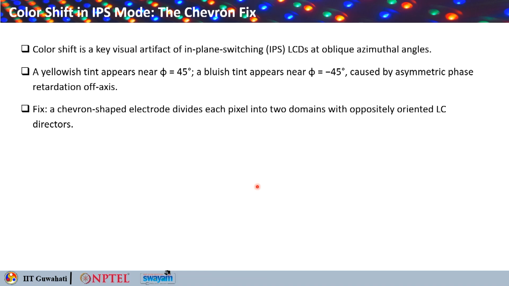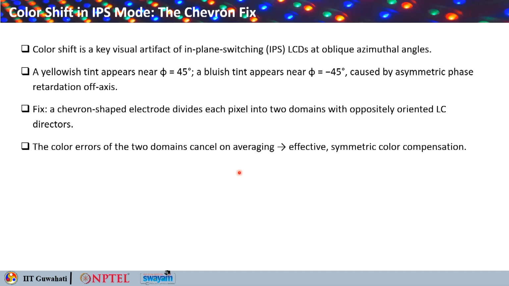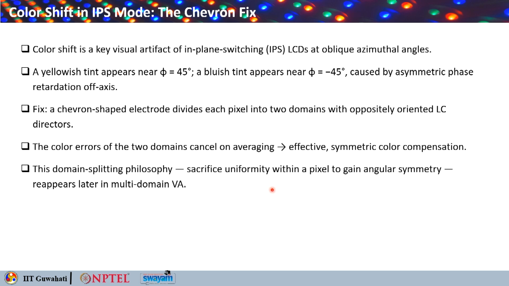So when you average out the transmitted color over the two domains, the yellow and the blue error largely compensate each other, giving a perceptually neutral grayscale over a wide viewing cone. So the two domains cancel out on averaging, giving you an effective symmetric color compensation. So what is the strategy here?